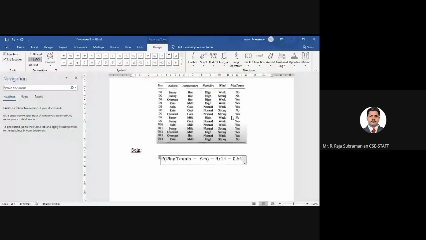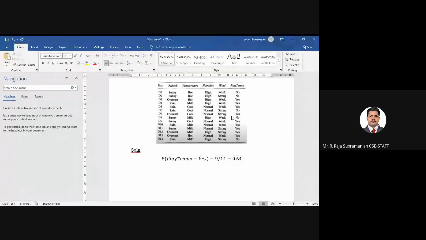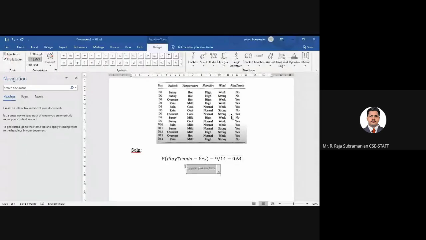To two-digit precision. Similarly, what is the probability of no? Since it is binary, you can take 1 minus 0.64, or calculate 5 by 14, and you get 0.36.